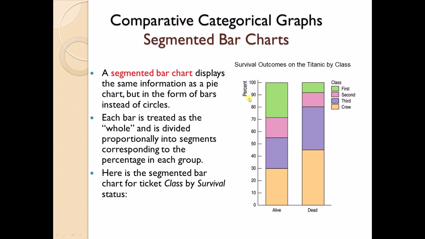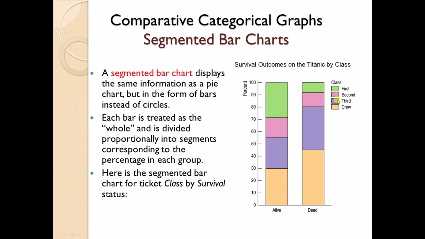So it has to be percent so that you can compare different counts, because I don't think we had the same number that died as those that lived. And yeah, so when you get this done, you can look at it, and it's got a pretty dire sort of meaning to it. There were more of the crew that died than lived.